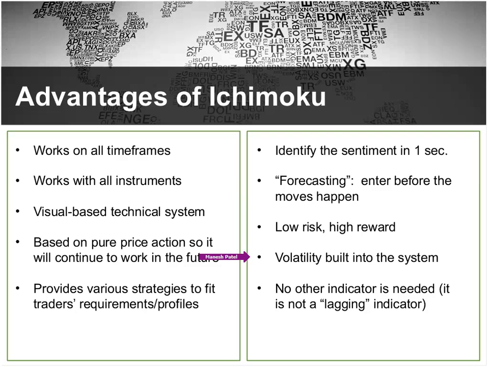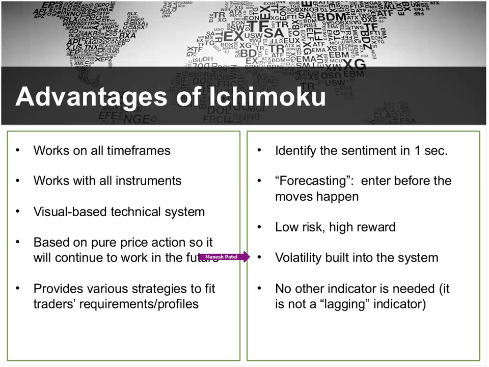So as volatility increases, you'll see that your stop increases too. If volatility decreases, your stop decreases, so you have a lower risk. Okay, so it's very, very key, especially now with volatility entering the markets across all the different asset classes, that you have indicators that have volatility built into them, so they automatically adjust as the markets change. So will the indicators, and you'll see that with Ichimoku in just a moment.